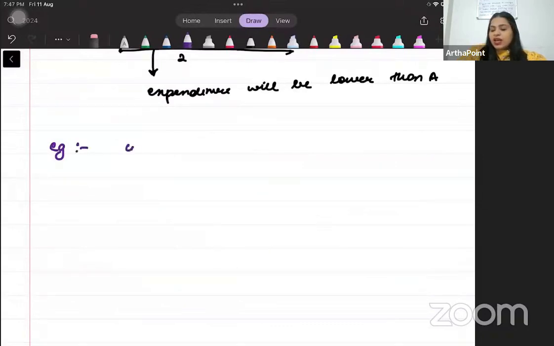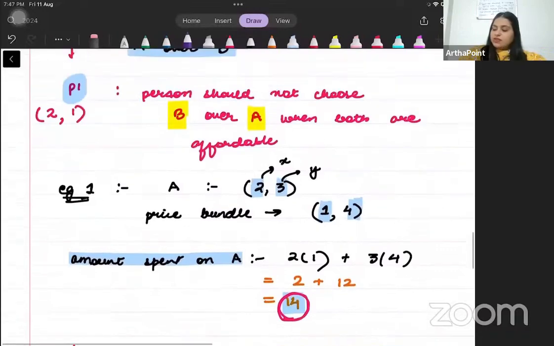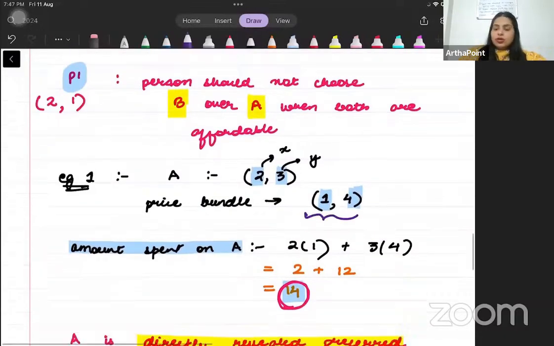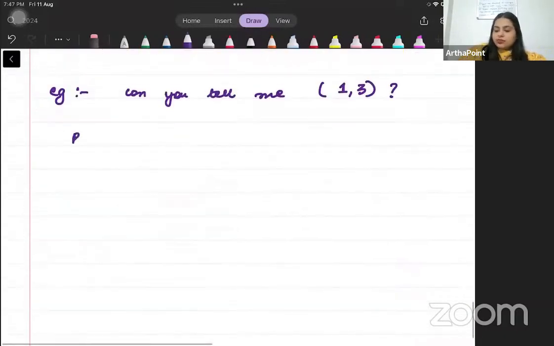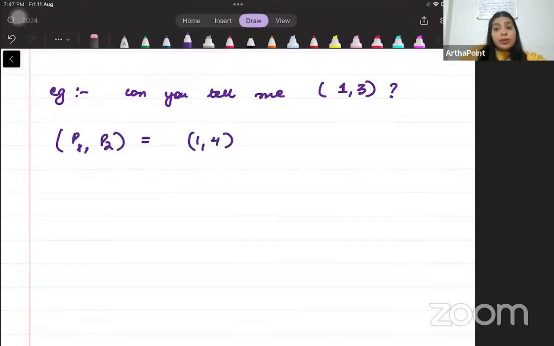and I ask you, can you tell me about this bundle 1, 3? So I will take the same prices. Price is given to me as 1, 4. So beta price ho gaya P1, P2, that is 1, 4. What will be expenditure on this bundle?